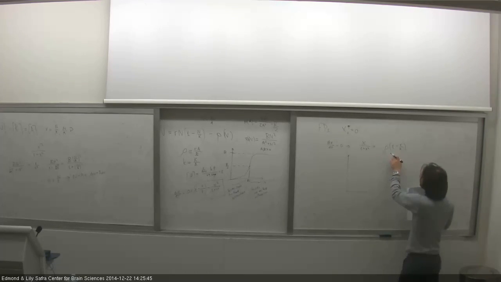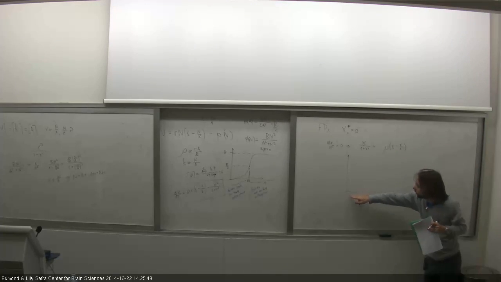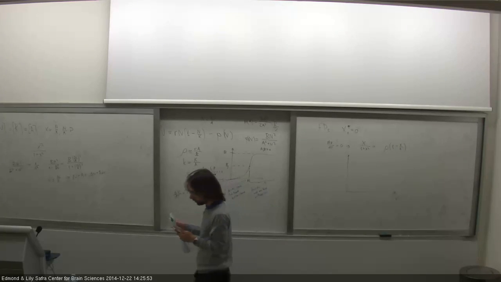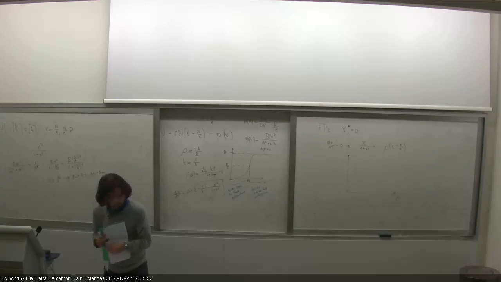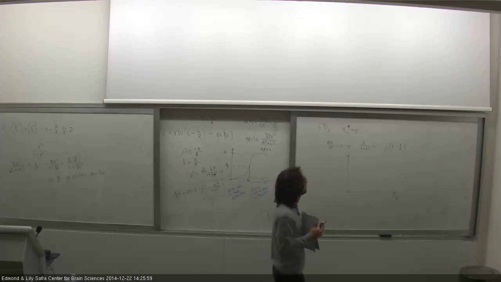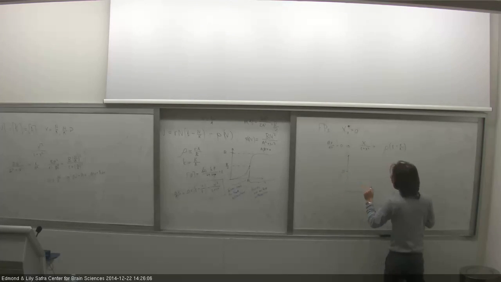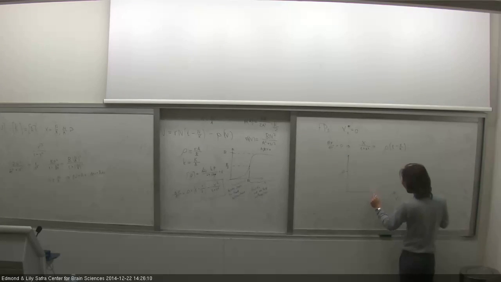The first expression is a line. Okay? It intersects the y-axis at rho. Right? When x equals 0, this is just rho. It intersects the x-axis at k. This is just a line.